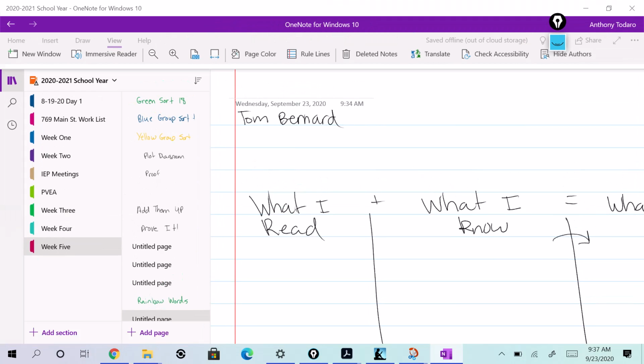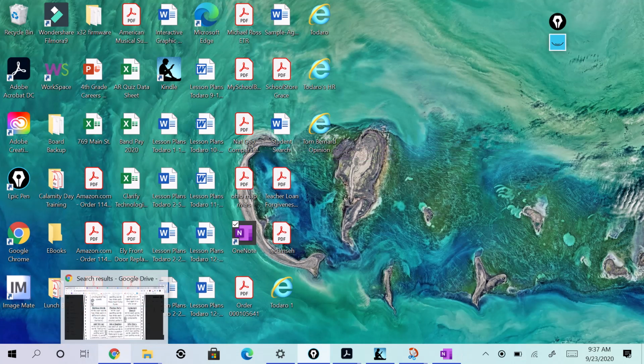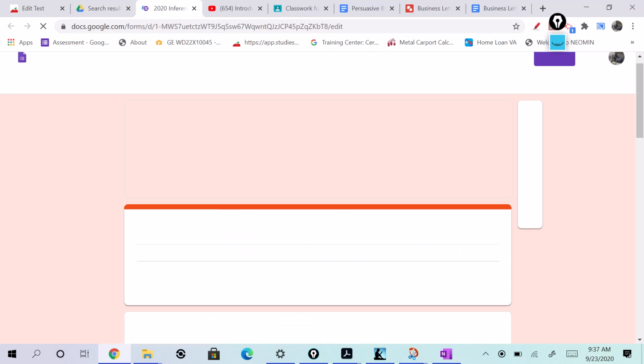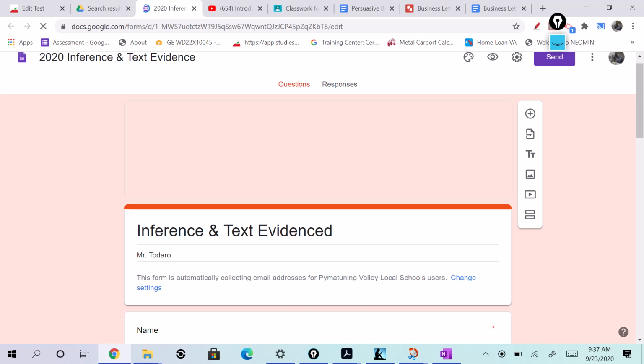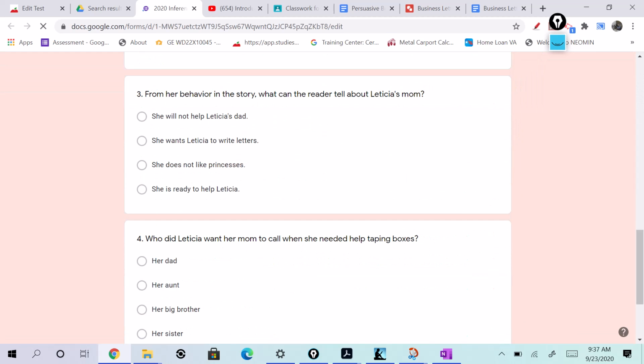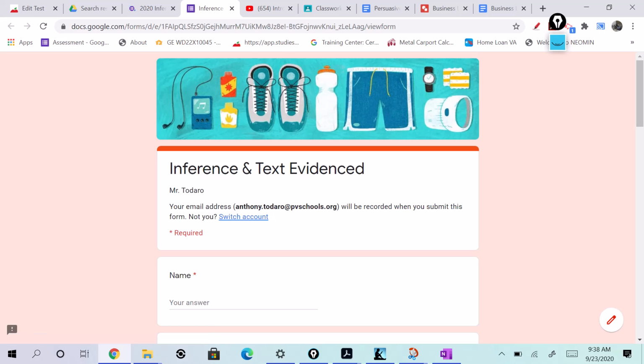So here we go. Google Classroom. I've got a little something set up here. Inferencing. And it says inferencing and textual evidence. All right, so the story goes like this.